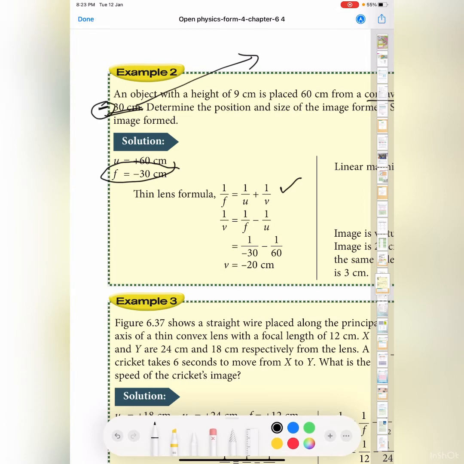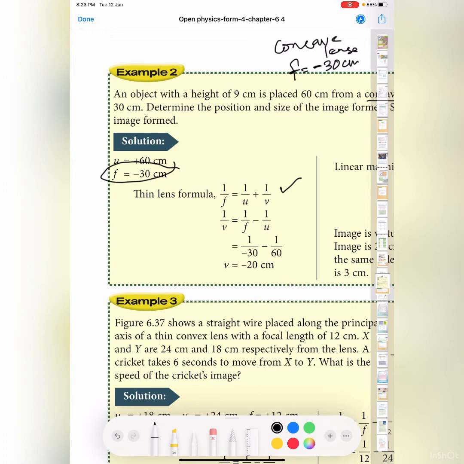So why does it suddenly become negative? Because of the rules in the table that we discussed in the previous video: if it is a concave lens, you must put the negative sign in front of the focal length value.